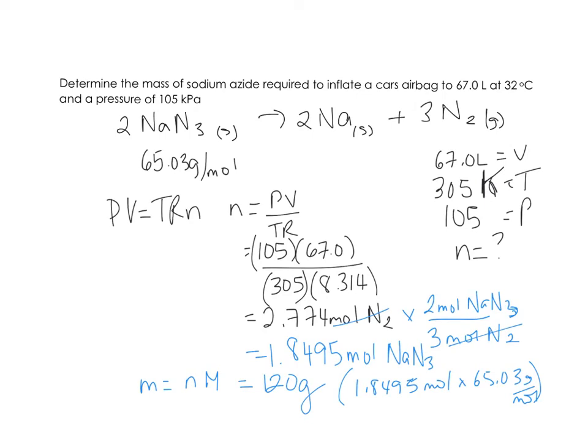You can do a stoichiometry kind of question like this one. You can find the density of a gas, the molar mass of a gas, which allows you to identify it. Or you can do just straight up, what is this one variable, once I know the other 4. I did mention that once you have the ideal gas law, you can solve for any of the other gas laws.